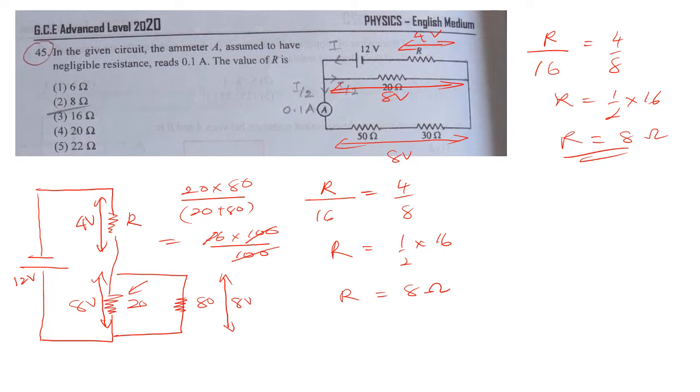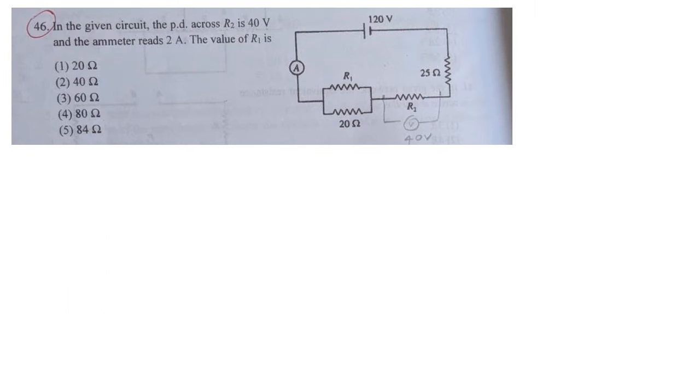Okay, so the next question: in the given circuit, the potential difference across R2 is 40 volt and the ammeter reads 2 ampere. Now here they have given two pieces of information: the potential and the current. If this current is 2 ampere, the same current goes through R2, right?